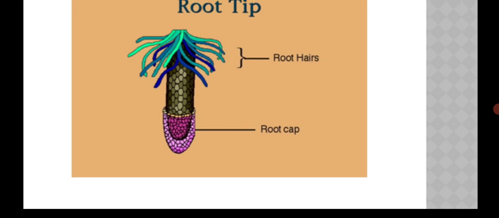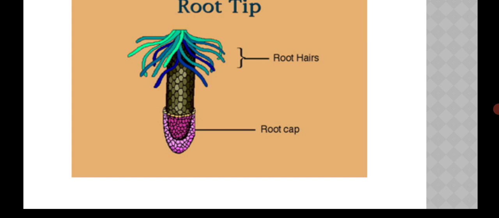Then, the ecological adaptations in hydrophytes can be studied by dividing them into three: morphological adaptation, anatomical adaptation, and physiological adaptation. In morphological adaptation, plants are morphologically divided into three important parts, that is root, stem and leaves.